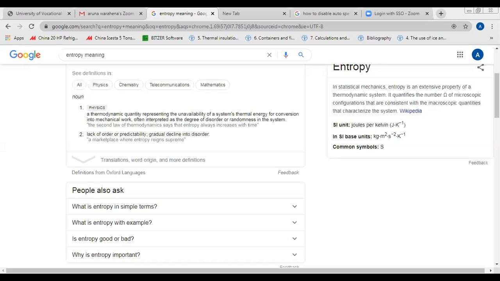Physics is very important. Engineering also appears as a discipline because of physics. Physics is the key for engineering. For engineering also, this is the definition.